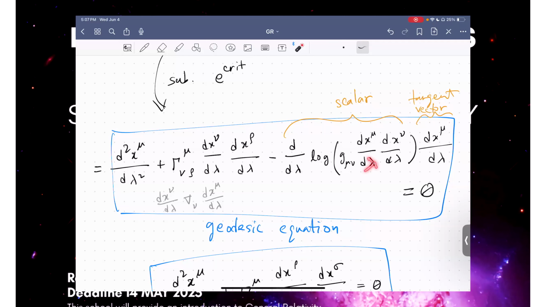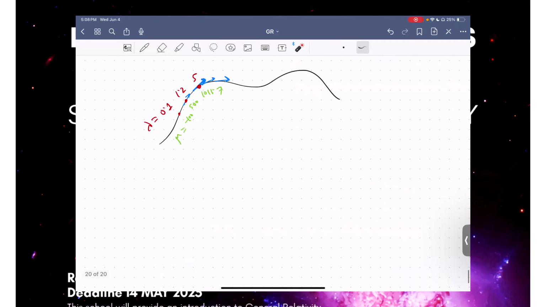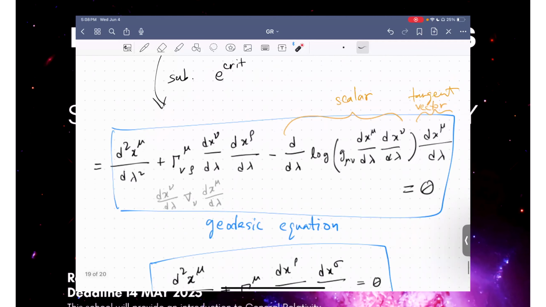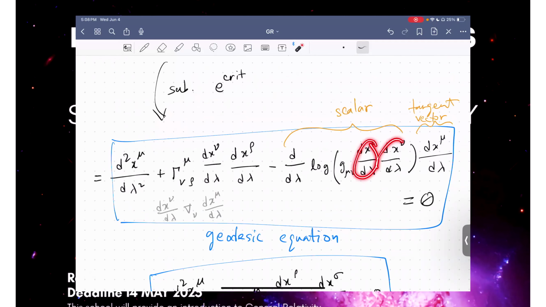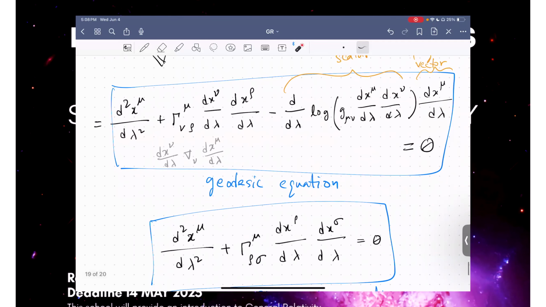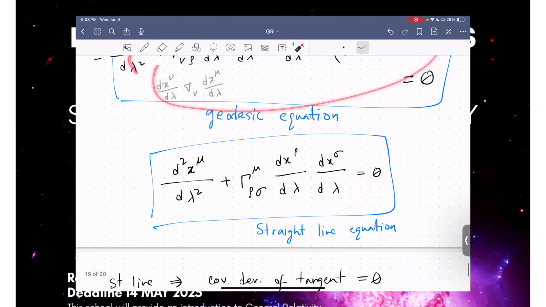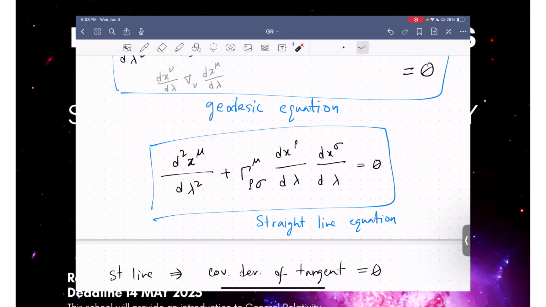If you choose lambda to be what is called an arc length parameter, meaning that the value of lambda at any point is the length of the curve up to that point, starting from some initial point, then the tangent vectors are always unit normed. So this is always 1, and this vanishes. So in the arc length parameterization, the geodesic equation is the same as the straight line equation.